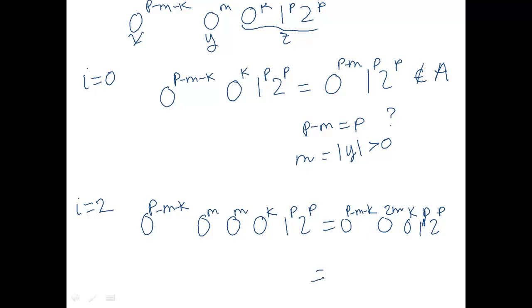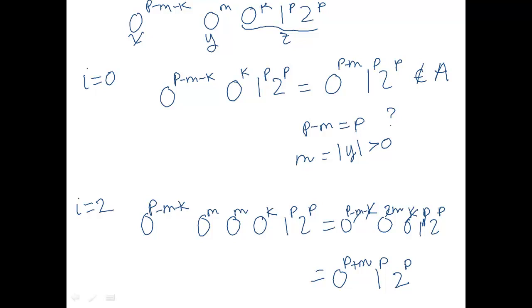If I take p minus m plus 2m minus k plus k, so these guys go away, this guy goes away, and I really end up with 0 to the p plus m, 1 to the p, 2 to the p. Okay, you don't usually have to show all of these steps in your proof. I'm just showing you how I would go about figuring out what my resulting string is.